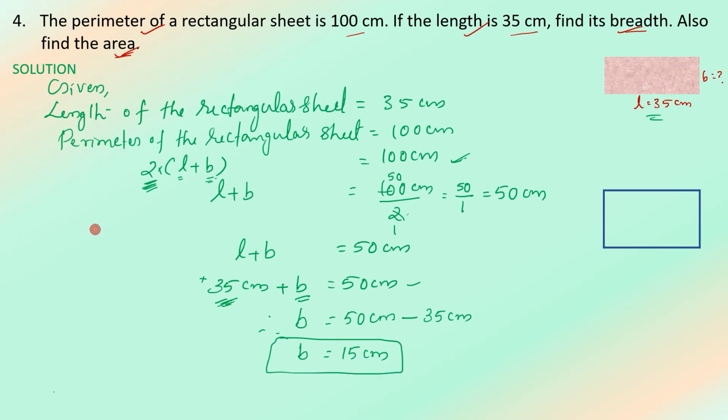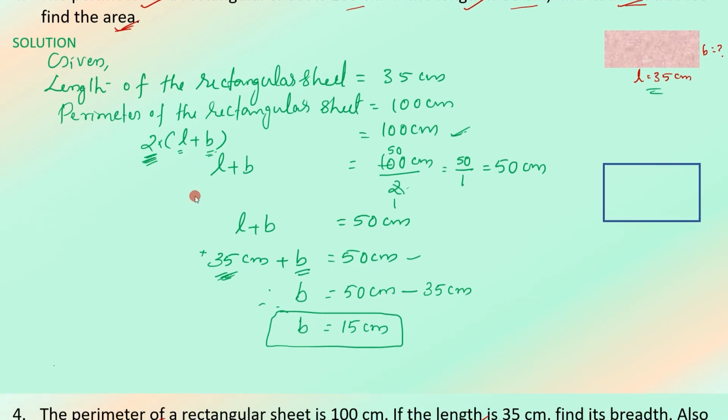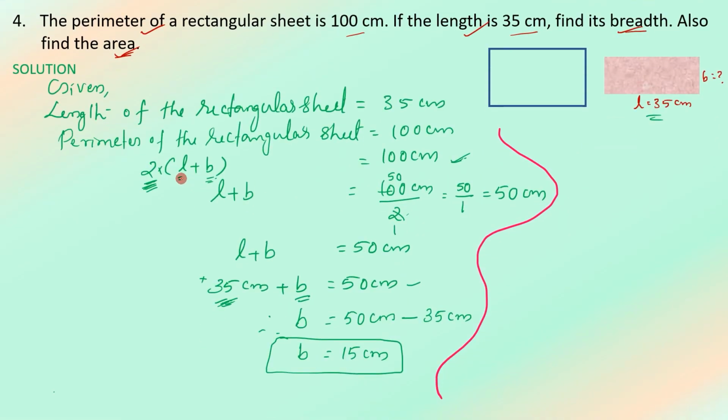There are different methods to solve this. If you want, you can put the value of L here itself and continue like this. Or you can use the distributive property here. Let us try that. Let me write this step once again: 2 into (L plus B) equals 100 centimeter.